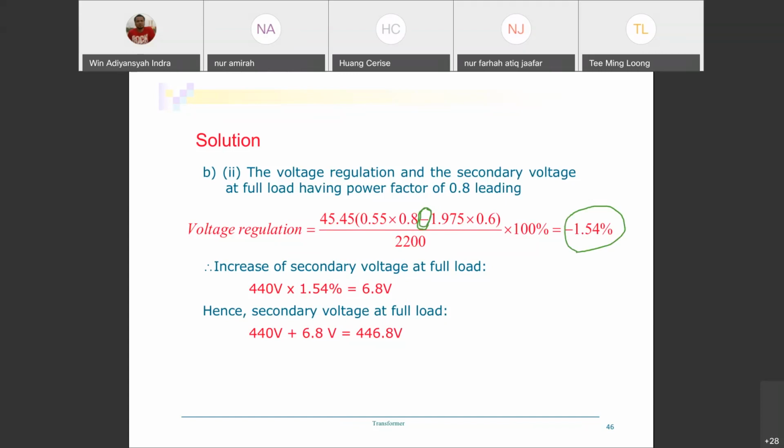Okay. And this is the increase of secondary voltage. And look at this one. It's bigger. Secondary voltage is bigger at full load than the no load there, because it's leading 0.8.